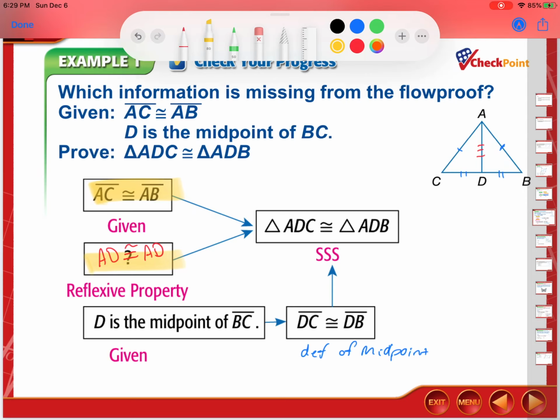So I like how we can show the route that we used to figure out that DC is congruent to DB. And we used that they gave us that D was the midpoint here. And by definition of a midpoint, then those two segments are the same distance, so they are congruent. So it's a different way to show how we figured out those side lengths being the same.